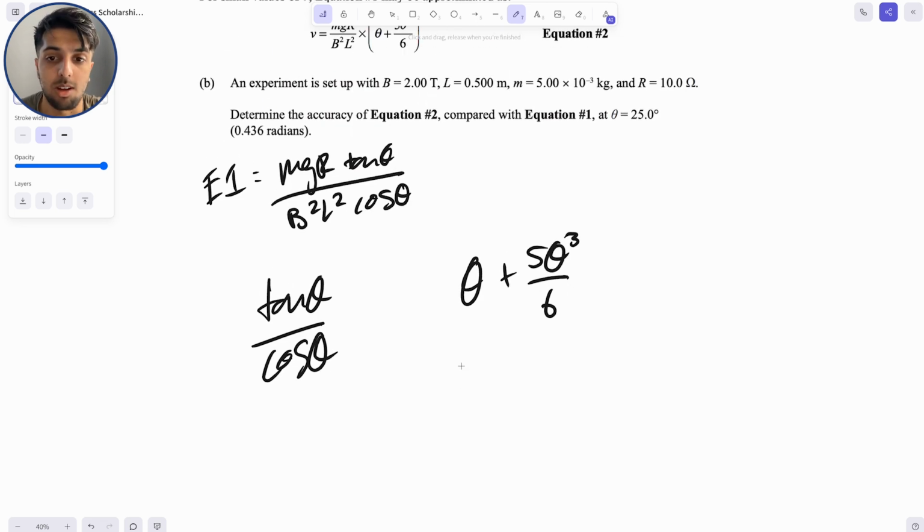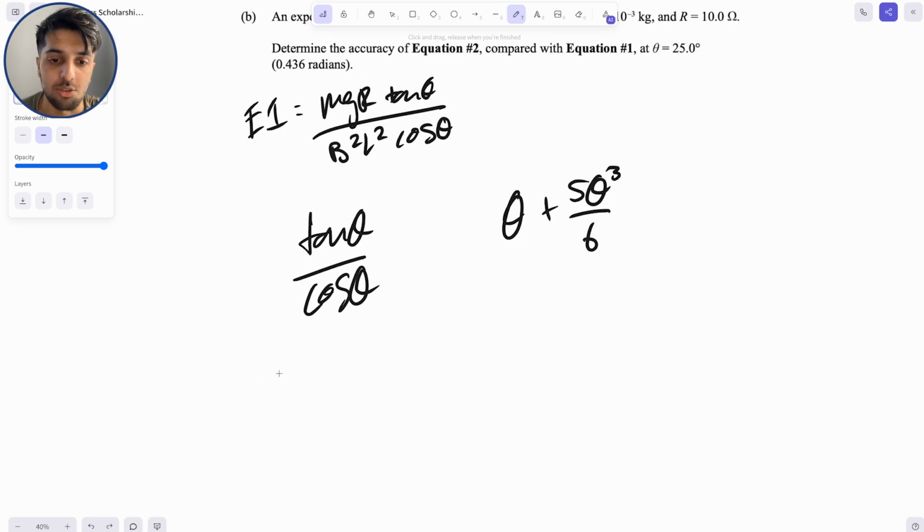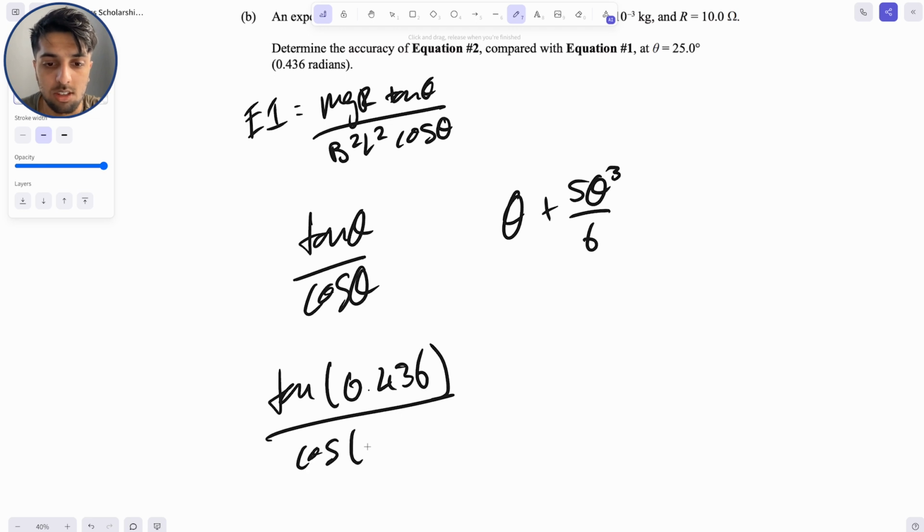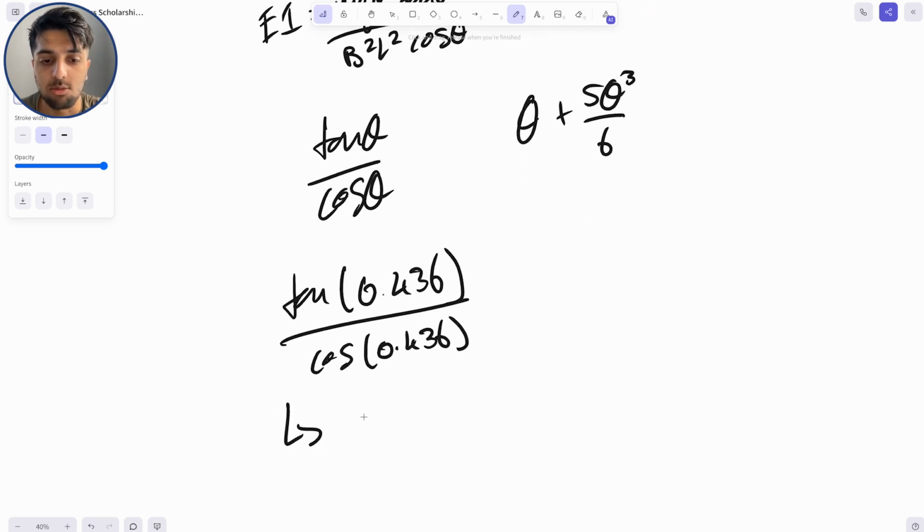For this, you have to use radians if you're comparing the two, because you can't use degrees in this equation right here. So tan 0.436 all over cos 0.436 is equal to 0.514.